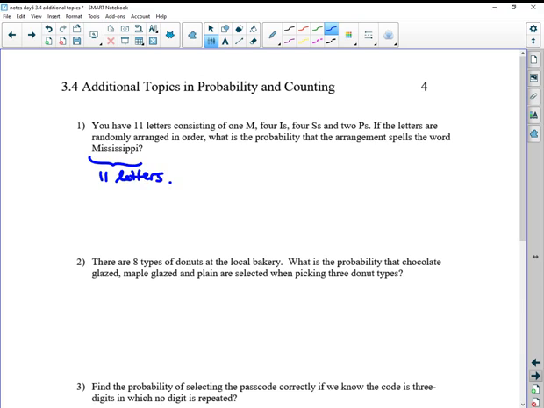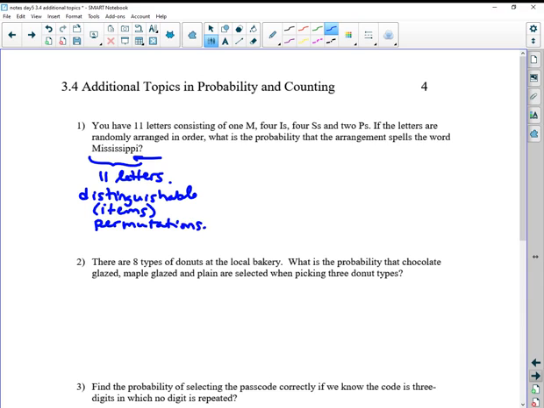And we are thinking about the order mattering, but we have indistinguishable items that we're going to see how many ways we can order. We can't really tell which P from another P. So that's why we have to use distinguishable permutations to see how many ways we can reorder this.